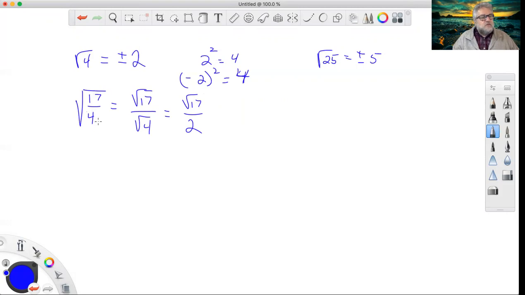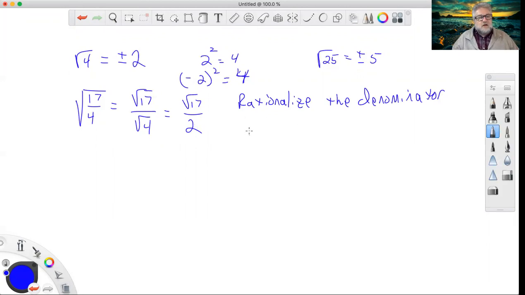We can't have a denominator with a square root sign like this. I don't know why that's the rule, but that's the rule. You have to rationalize the denominator. That means you have to have a rational number down here.